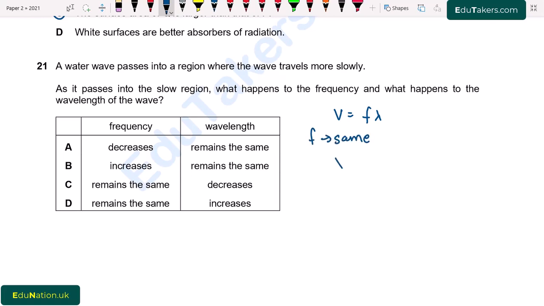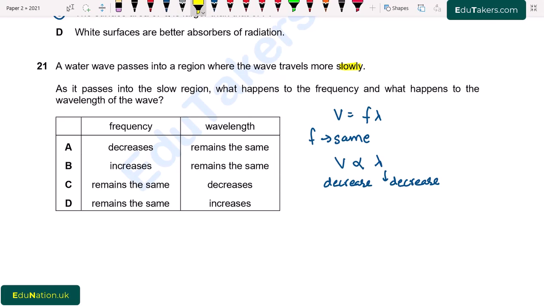It means that V is directly proportional to wavelength lambda. When the water waves enter into the region where the wave travels more slowly, it means that its speed decreases. When the speed decreases, then the wavelength also decreases. So when the water wave passes into the region where the wave travels more slowly, the frequency remains same while the wavelength decreases.